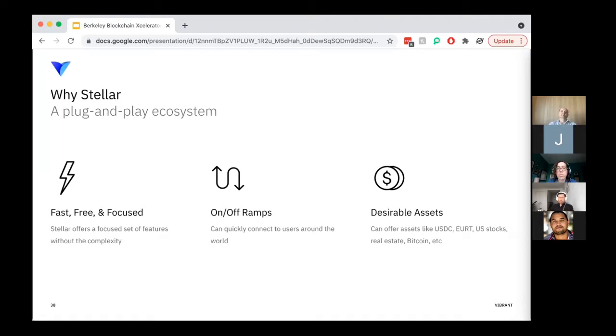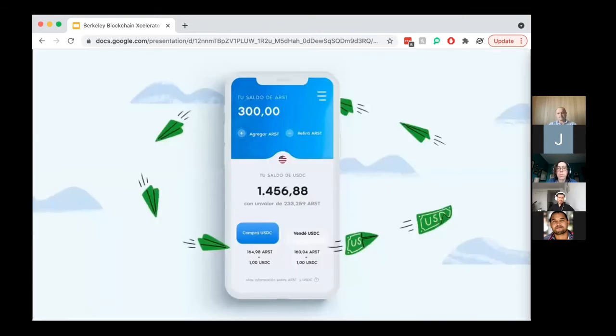So once we figure out the product in Argentina, we could expand into many other countries because of these ecosystem standards and these on and off ramps that are available out there in Stellar. And the last is we could potentially expand into other assets and plug and play with what's available in the ecosystem of desirable assets on top of Stellar. That's Vibrant. That's it. Justin.